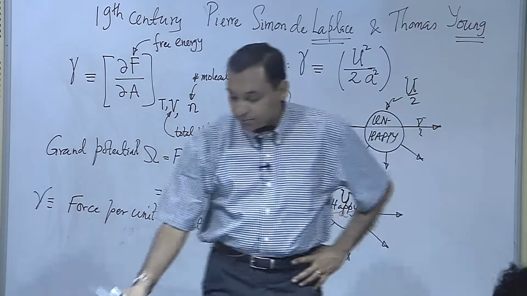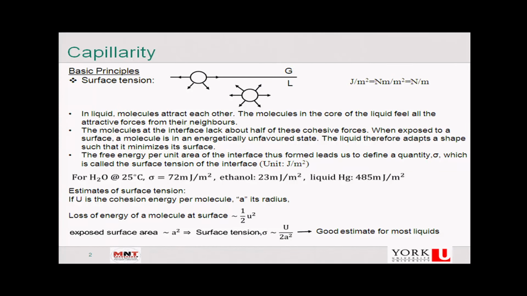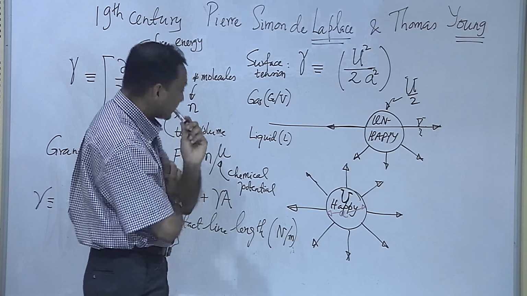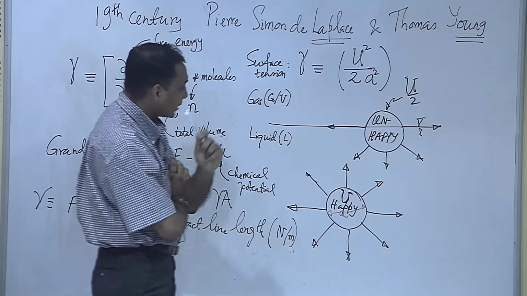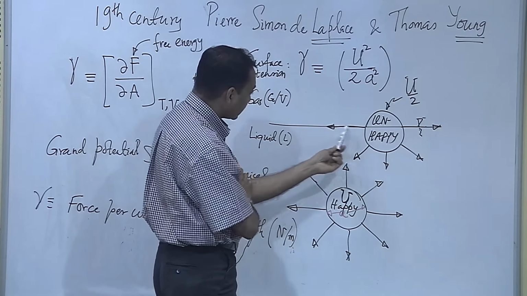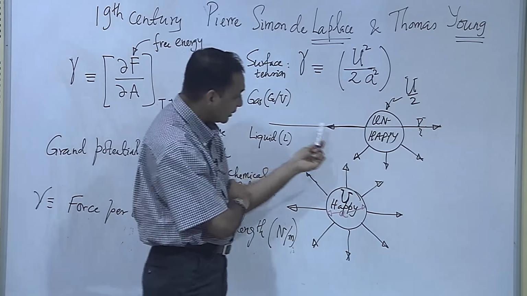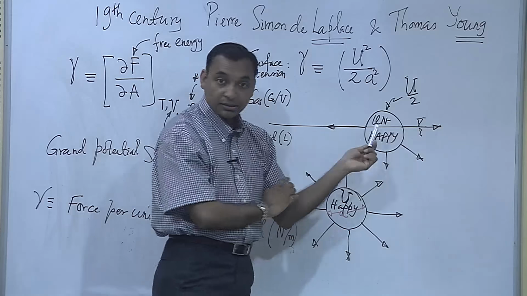When you see this picture, I believe you have seen it in textbooks, one thing that should appear to you is that these molecules have cohesion energy and so forth. That is fine, but if I look at the interface, along the interface, tangential to it, this is balanced.